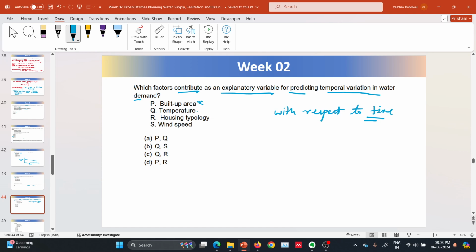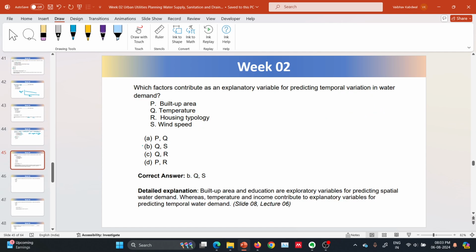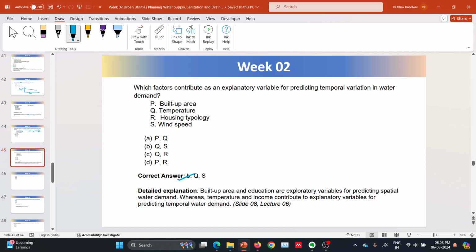Temperature will change with time. Housing typology will be same with time. Wind speed will change with time. So Q and S are correct, which means B is correct. So the correct answer is B. Built up area and education are explanatory variables for predicting spatial water demand, whereas temperature and income contribute to predicting temporal water demand.